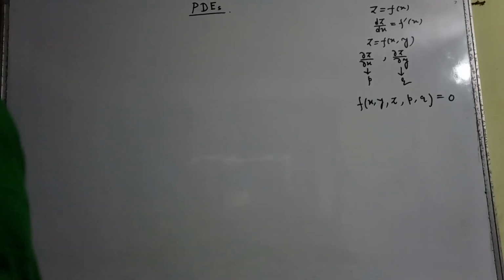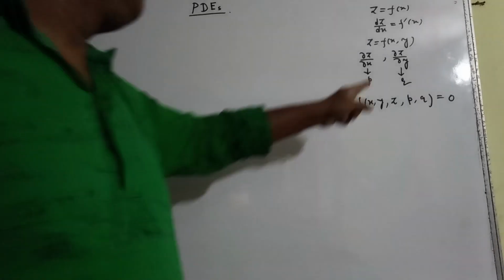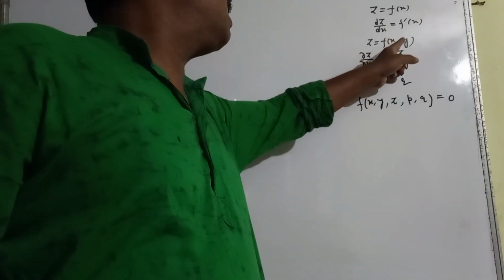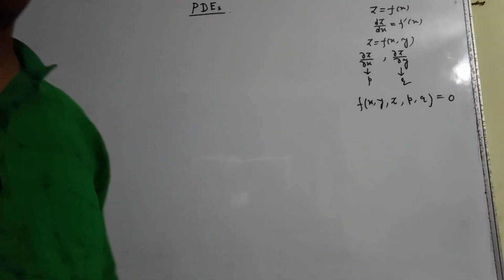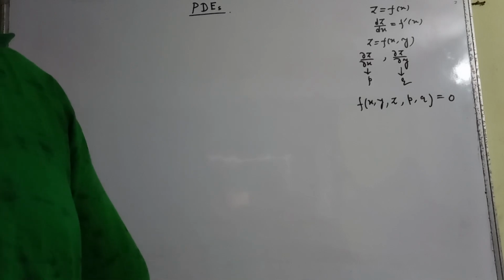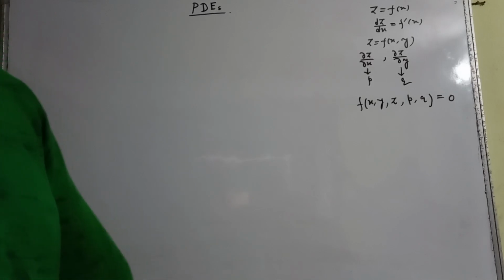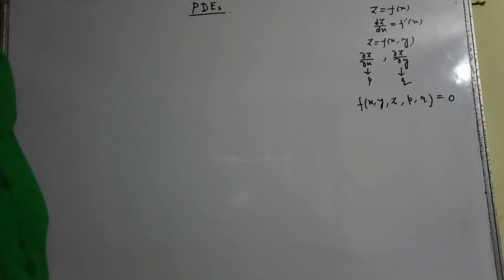In this case, we differentiate z partially. Partially means, since there are two independent variables x and y, if we differentiate z with respect to x, then we have to take y as constant. Again, if we differentiate z with respect to y, then we have to treat x as constant.